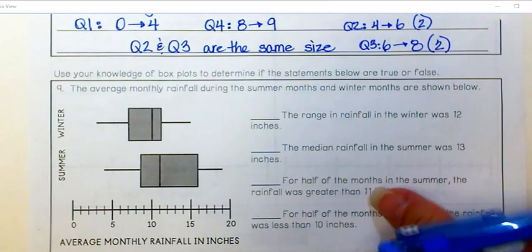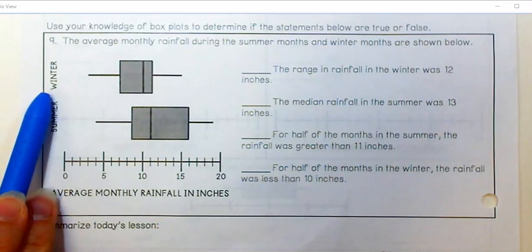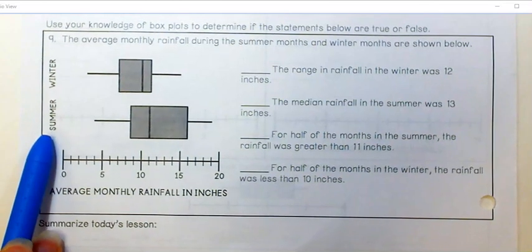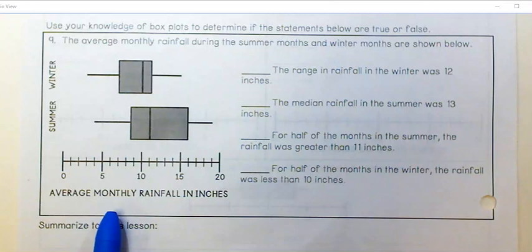All right, we're hopping down to number 9. Use your knowledge of box plots to determine if the statements below are true or false. We have a box plot for winter and a box plot for summer, and the numbers are recording average monthly rainfall in inches.